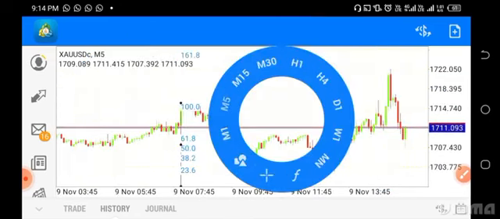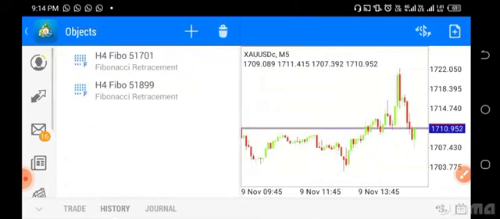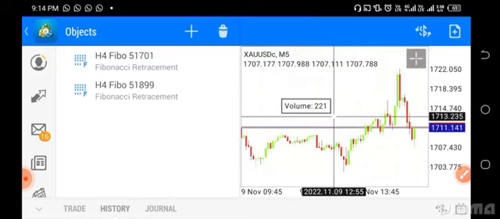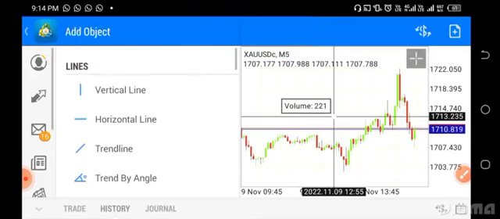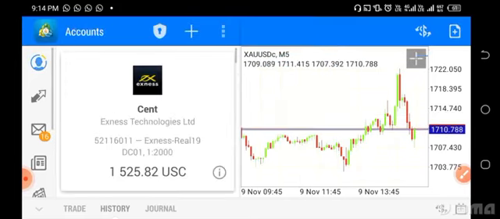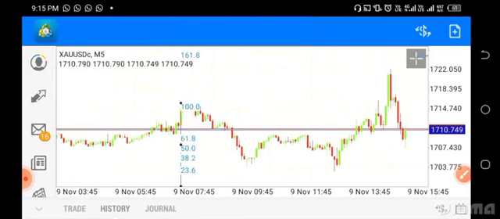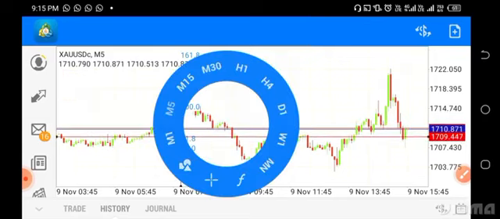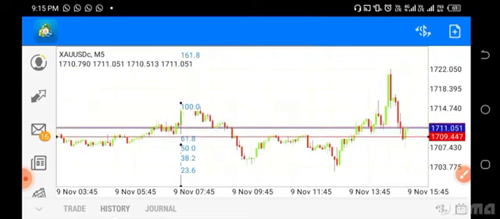Now if we check how this level worked, it also works as a support and resistance level. So we go back to this, and this is the 61 level, and we draw this horizontal line.